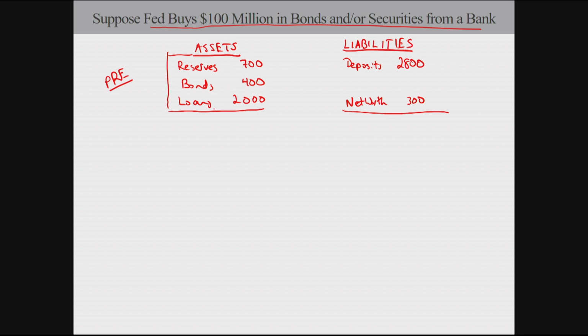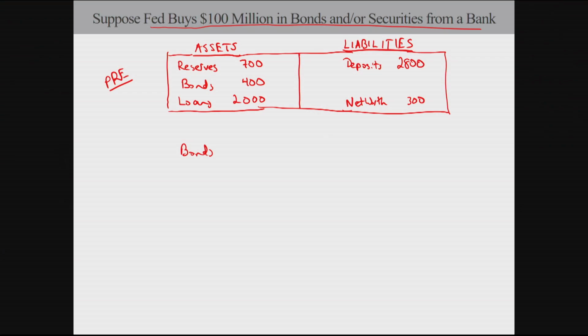What's going to happen if they're buying $100 million in bonds from this bank? What's the value of the bonds if they just sold $100 million in bonds to the Fed?